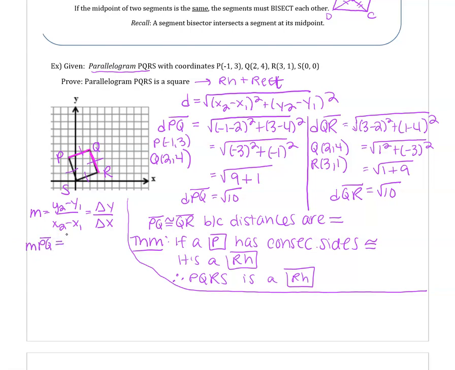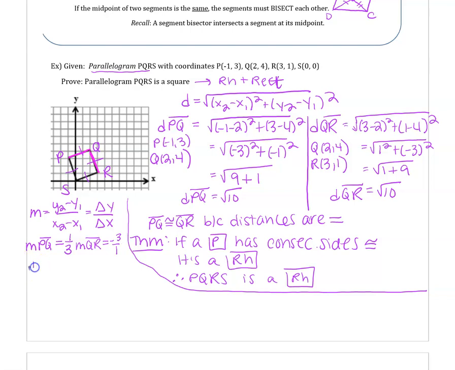Now I'm just going to do rise over run to help me out here. If I count here, I'm going up 1 over 3, so that's a slope of 1/3. And the slope of QR, squeezing it in here, I'm going down 3 over 1, so that's negative 3 over 1. Now, those are negative reciprocals, which means that my segments must be perpendicular.